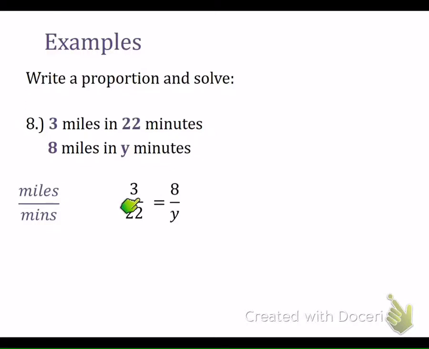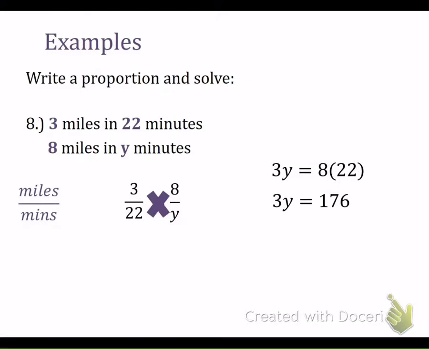Good. And then just double check. This number represented miles. This number represented minutes. This number represented miles. This number represented minutes. Now you cross multiply. 3 times y. 3y equals 22 times 8.